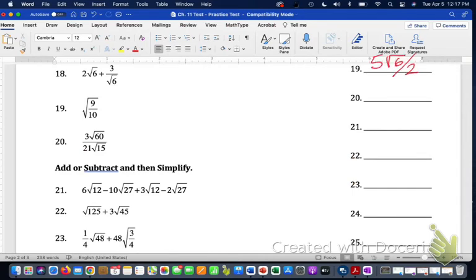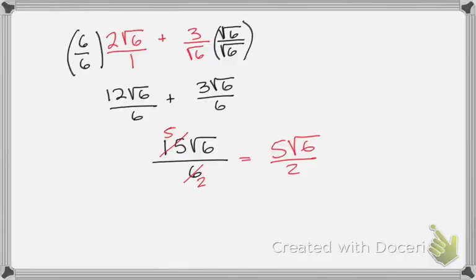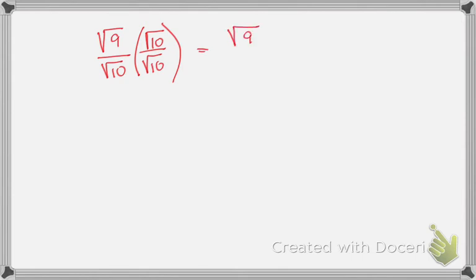Okay, next one is rad 9 over rad 10. So I think I'm going to get rid of the radical in the denominator. Rad 10, there's no perfect squares in it, so may as well get rid of it. And we get rad 90 all over 10. The 2 rules here are leave no radicals in the denominator and leave no perfect squares under the radical.